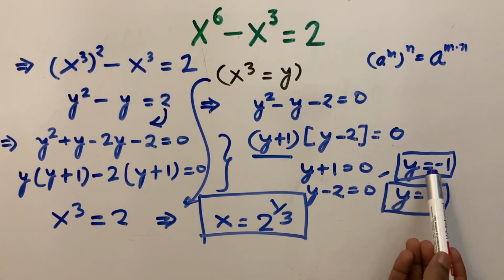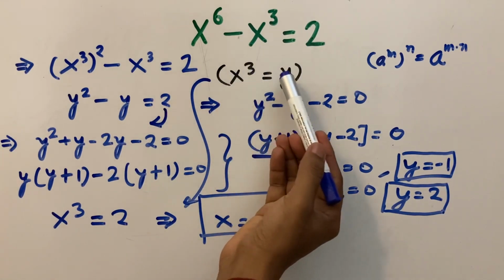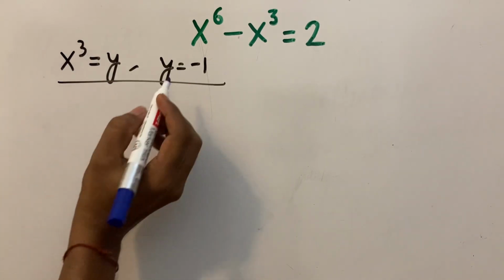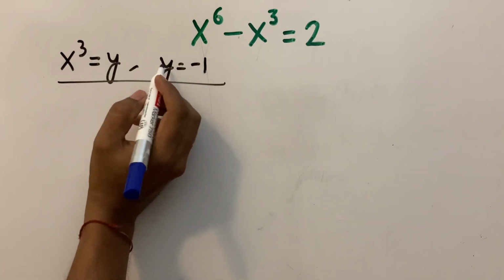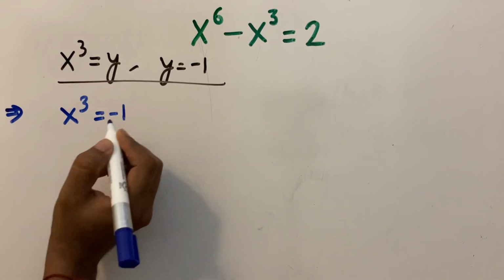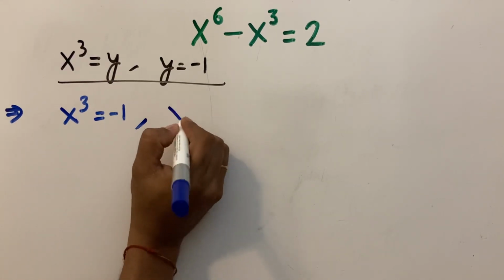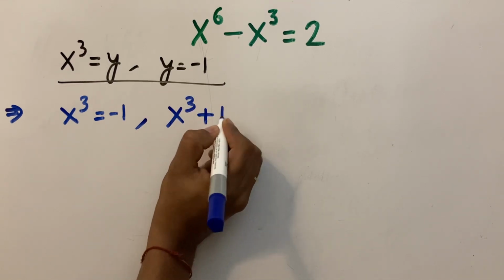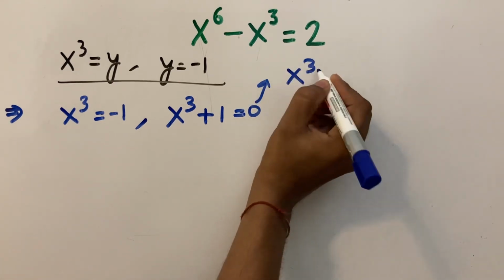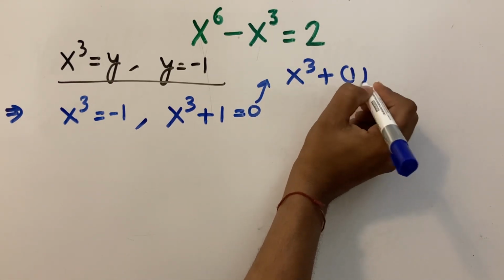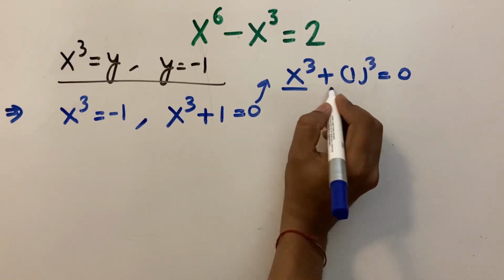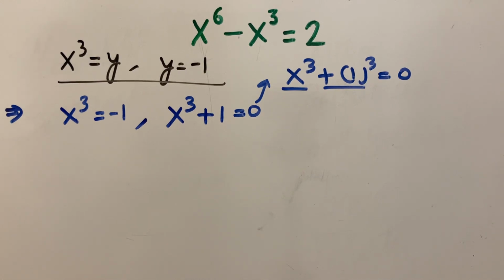Now solve y equals minus 1 and x to power 3 equals y. As we assumed x to power 3 equals y, and y equals minus 1 is one of the solutions, then x to power 3 equals minus 1, that is further x to power 3 plus 1 equals 0. This can be written as x to power 3 plus 1 to power 3 equals 0. From here it is in the form of a cube plus b cube.